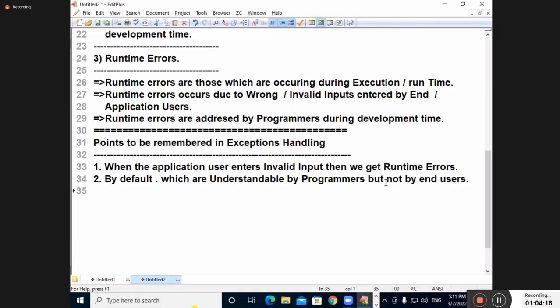So is that project strong or weak? Do you know English? Is that project strong or weak? By default, your messages are technical error messages, which are understandable by whom? Who is not understanding? Is it strong or weak? Then why did you say strong? First of all, are you strong or weak? Strong, physically strong. But this is the problem.